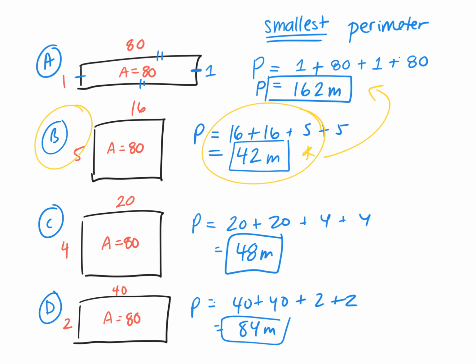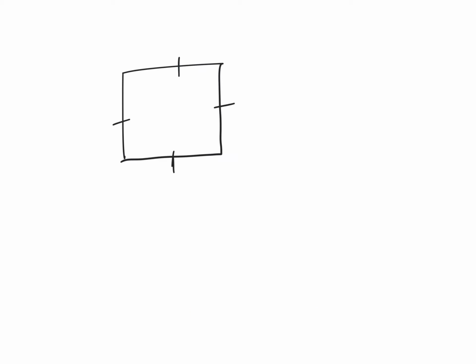Now I want you to tell me, if I said that the room has to be a square, meaning that all sides have to be the same and you're allowed to have decimals, how would you figure out what the dimensions would be?